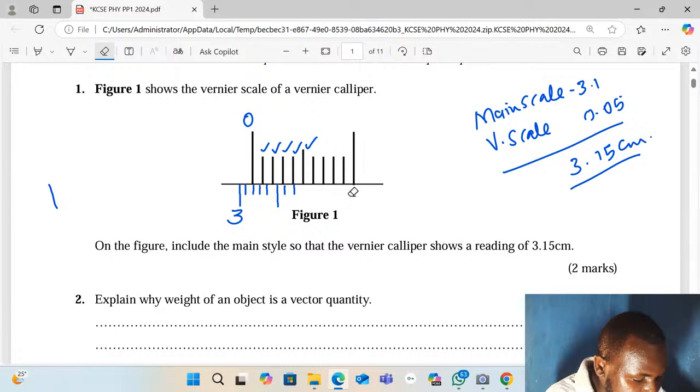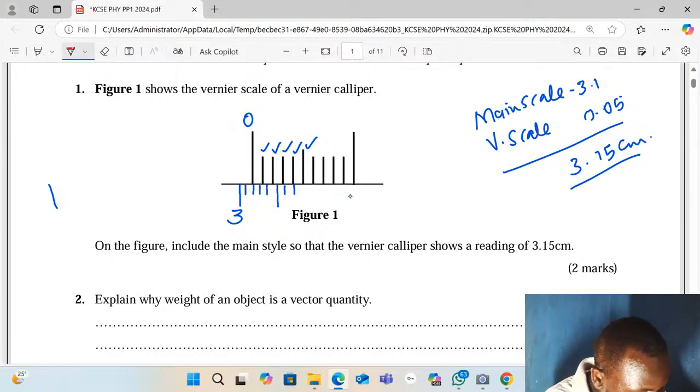They should coincide to be somewhat like a straight line. Yes. 3.1, 3.2, 3.3, 3.4, 3.5, 3.6, 3.7, 3.8. Let me just say 3.9.